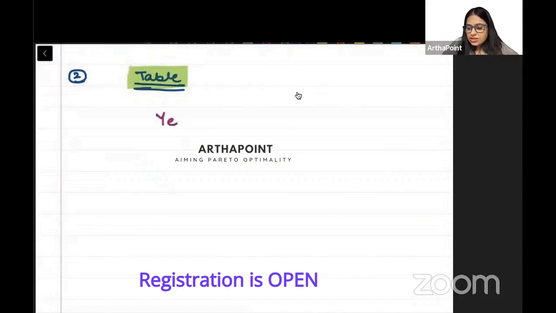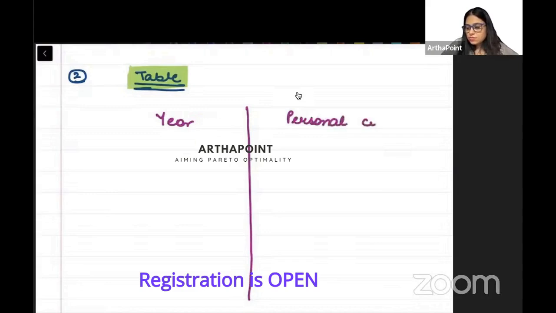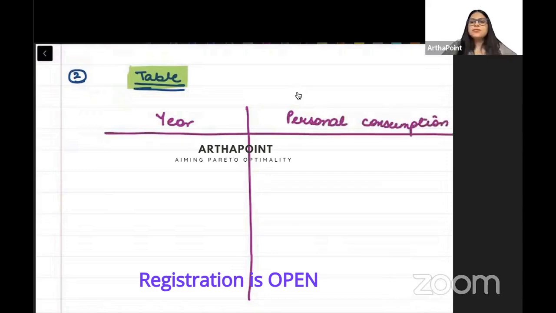I can take year here and I can take personal consumption here. ठीक है? And I can start writing that in 1985, consumption in economy was $2667.4 billion.